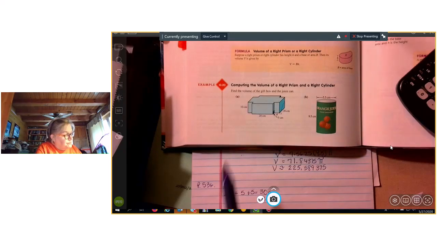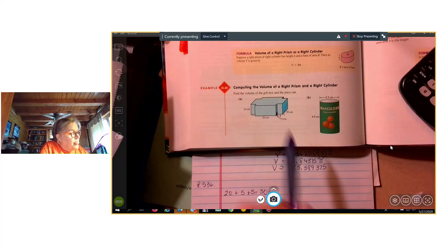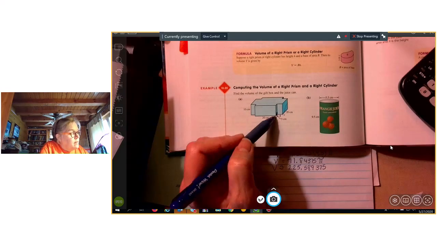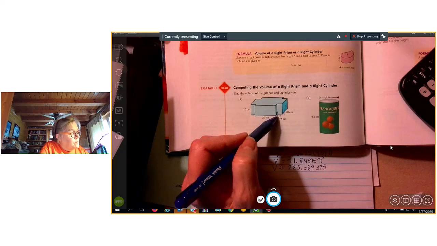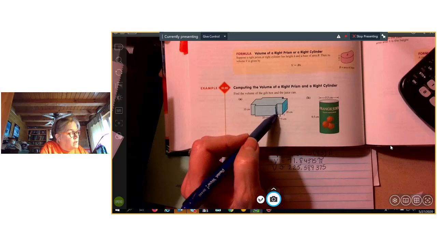So if we look at this, I know that I have a 5 times a 20. That's going to be the area here. And a 5 times a 20 here.